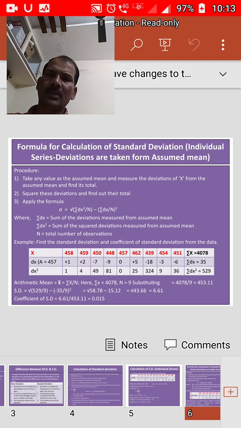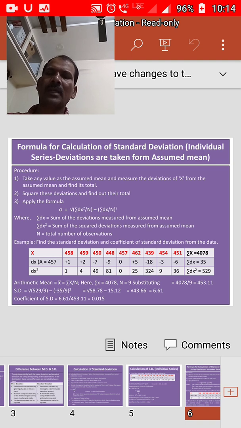Substituting, under root of 529 by 9 minus 35 by 9 whole square. 529 by 9 is 58.78, and minus 35 by 9 whole square simplifies to 15.12. Subtracting, 58.78 minus 15.12, you get under root of 43.66, which is equal to 6.61.